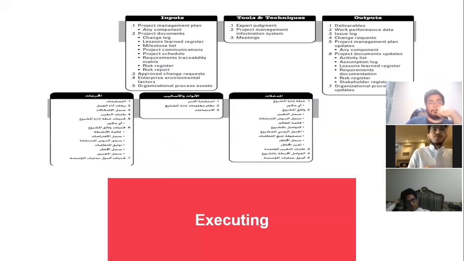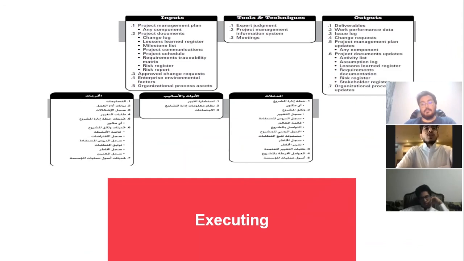Next, please. For executing, we need to talk about the inputs, tools and techniques, and outputs. The inputs in executing are the project management plan, including any component, and project documentation, including the change log, lessons learned register, milestone list, project communications, project schedule, requirements traceability matrix, and risk register and risk report.